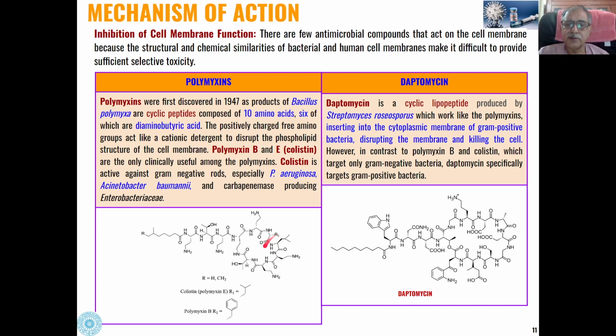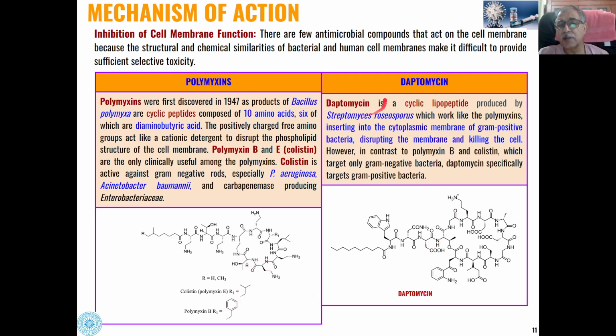If R1 is benzyl, it is called polymyxin B. If it is secondary butyl, it is called polymyxin E or colistin. This is how polymyxin B and E can be differentiated chemically.